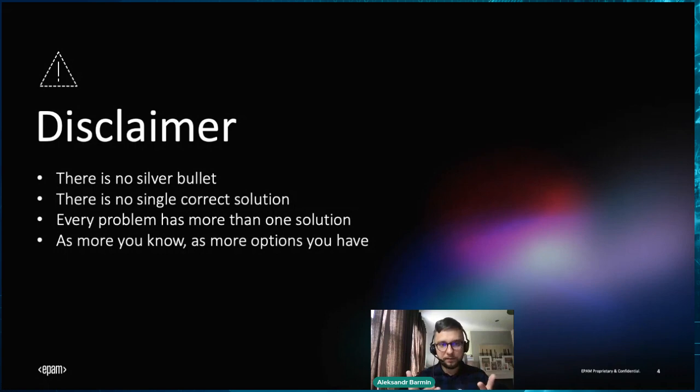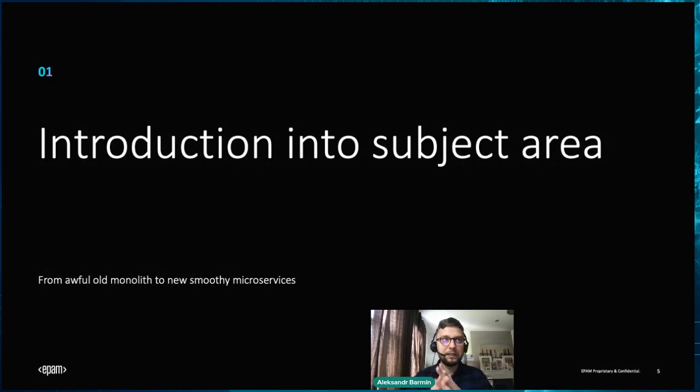I'm not saying that this is the one single possible way of building microservices. What I'm trying to tell you today is that there are different options, there are different approaches, and the approach you are going to use in your own solution depends on your circumstances. So let's finally start with a small introduction into the subject area.